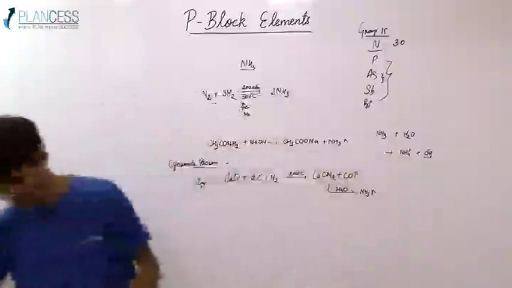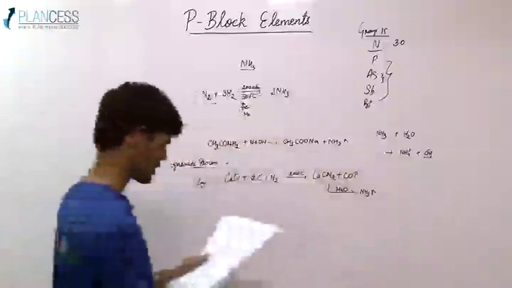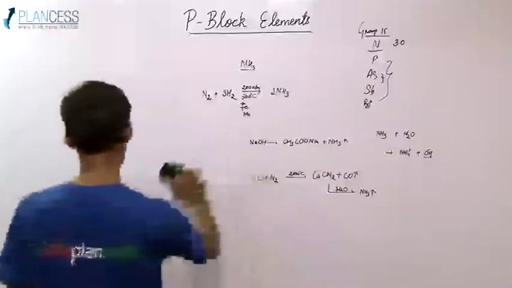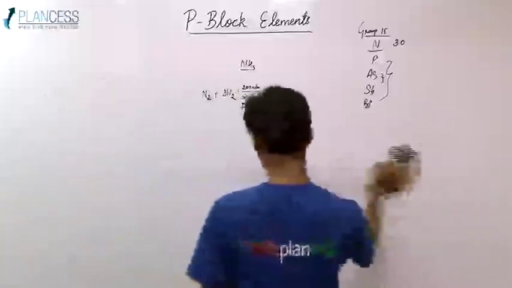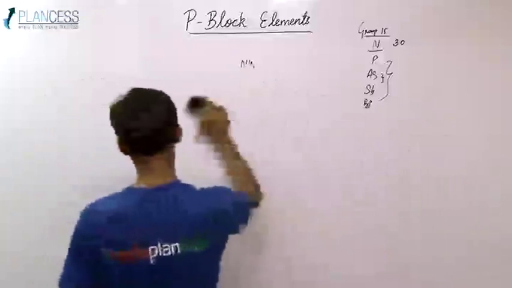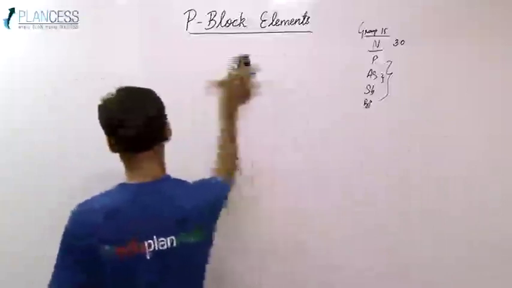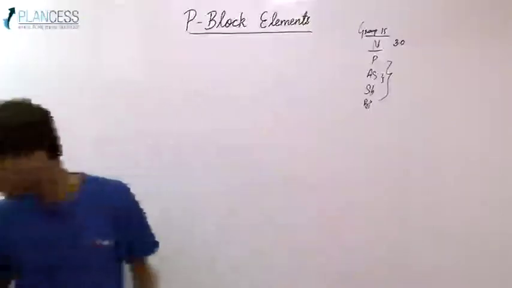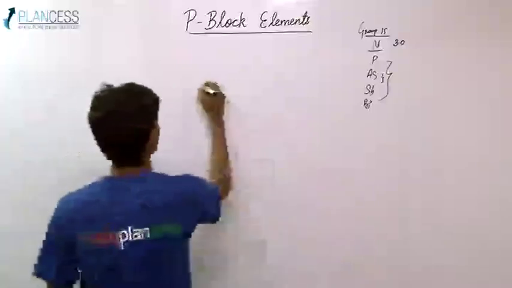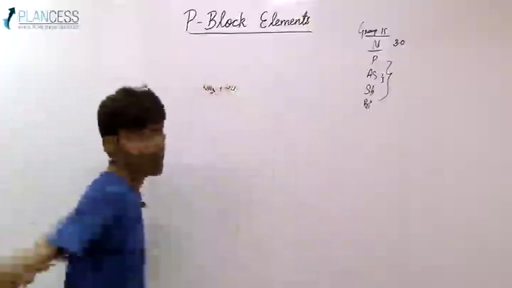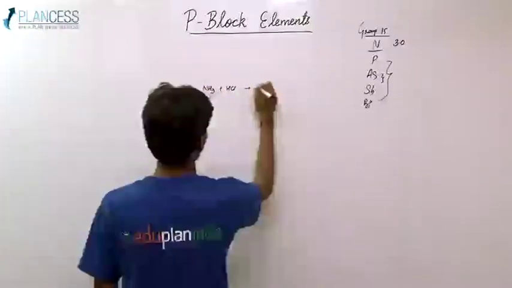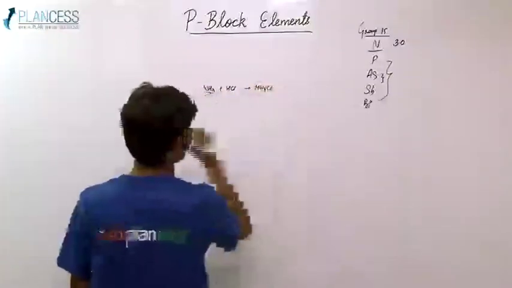Now talking about the chemical properties. In chemical properties, NH3 forms ammonium salts with acids, for example NH4Cl and (NH4)2SO4. NH3 reacts with HCl, that is hydrochloric acid, and forms NH4Cl, which is a salt.